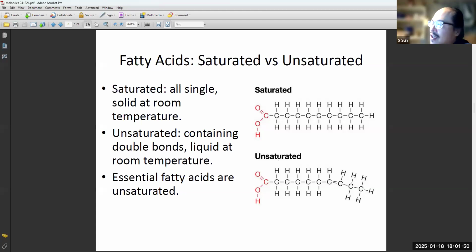So if I have a picture like this one and ask you which one is saturated and which one is unsaturated, you can find that if there's a double bond along this carbon chain, you know that's unsaturated. In our life, these fatty acids usually are not present as monomers; they usually present as a polymer.